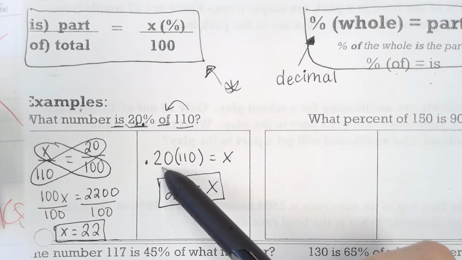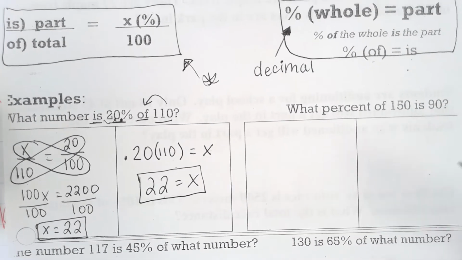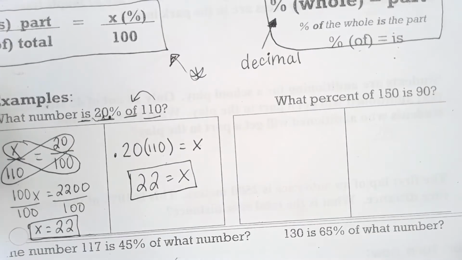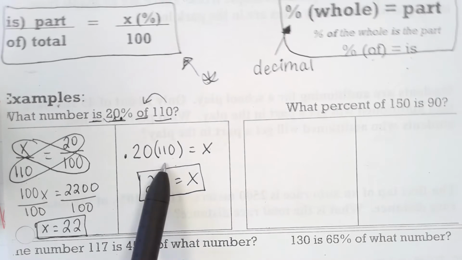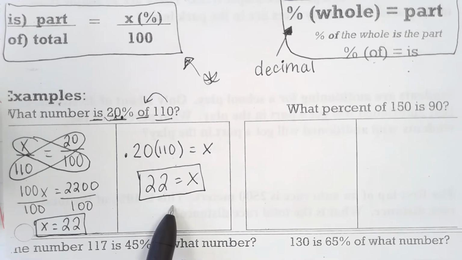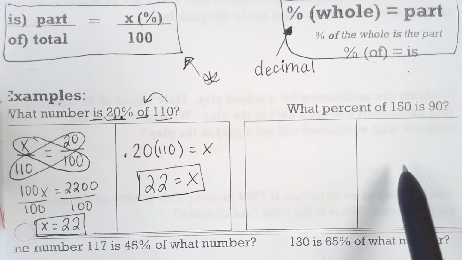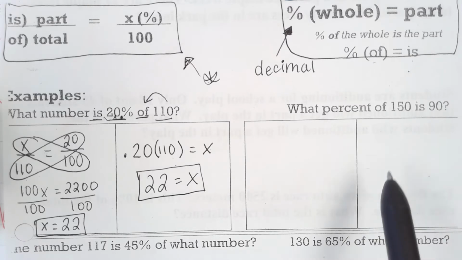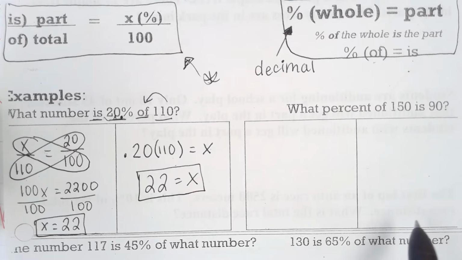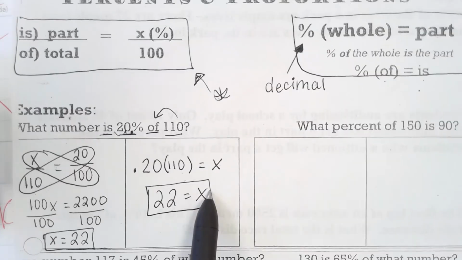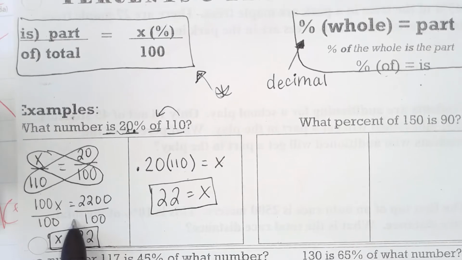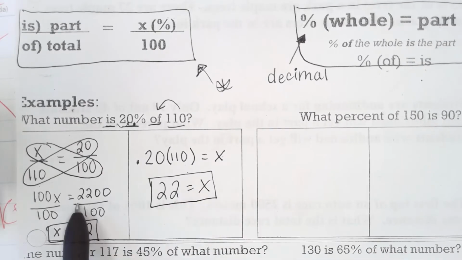Or two, you guys will figure out over here that students feel like they should just multiply every time to get their answer, but when you're trying to find the percent, or you're trying to find the whole part, your operation is to divide. So students get mixed up whenever they use this formula. So that's why I prefer the proportions, but again, it's up to you guys whichever one you prefer.